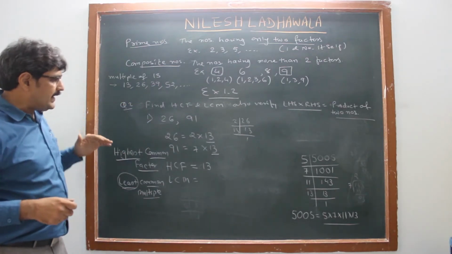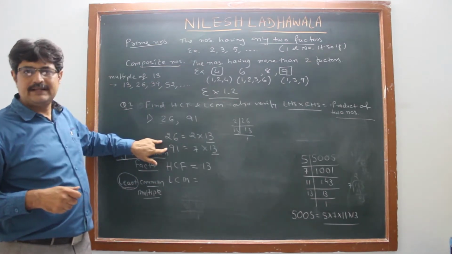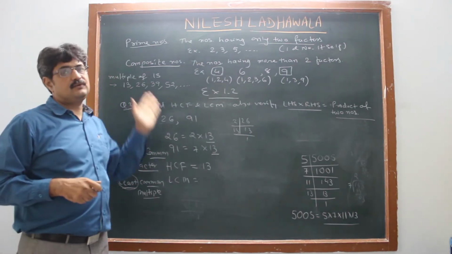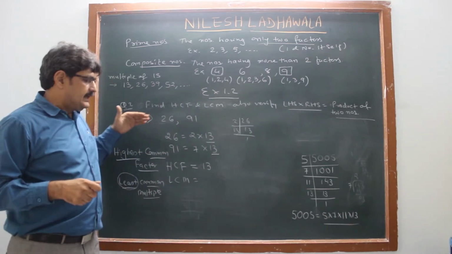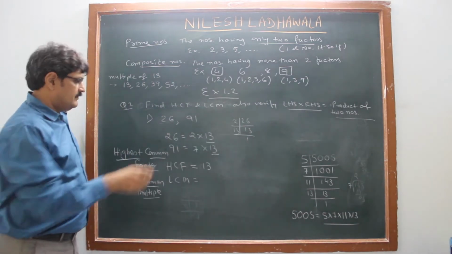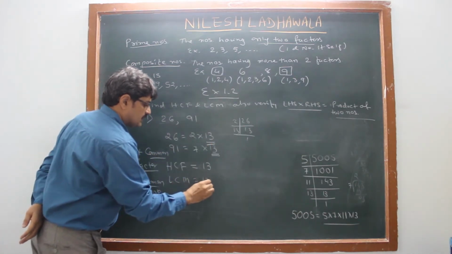It is a very lengthy process to write the multiples of 26 and 91 and then find the smallest common multiple. Instead of that, we will write the common factor once.